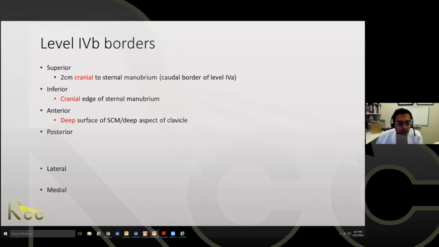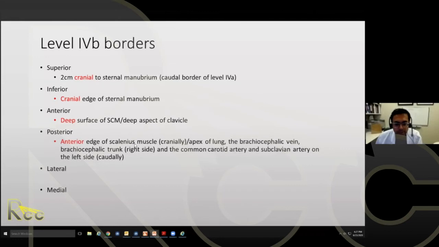So I'll show the posterior border here. There are multiple structures you look at. You can use the scalenus muscle, which you use more cranially. As you go lower down, the apex of the lung and the brachiocephalic vein and trunk on the right side, and the common carotid artery and subclavian artery on the left side are used caudally.